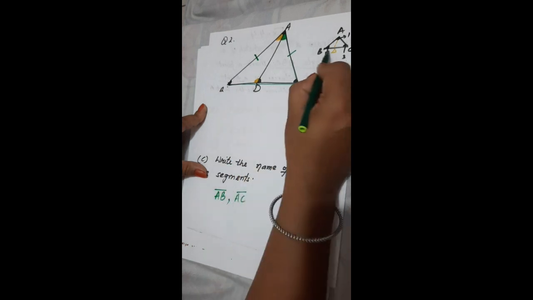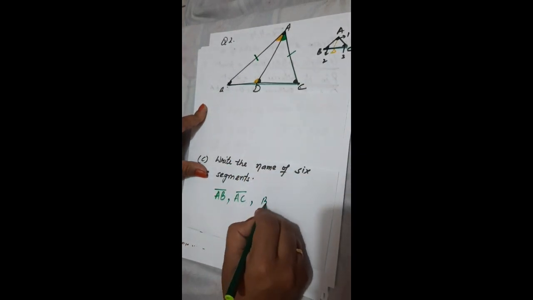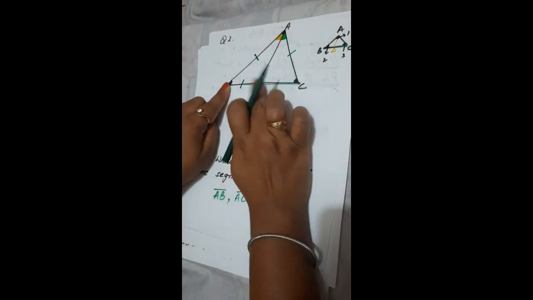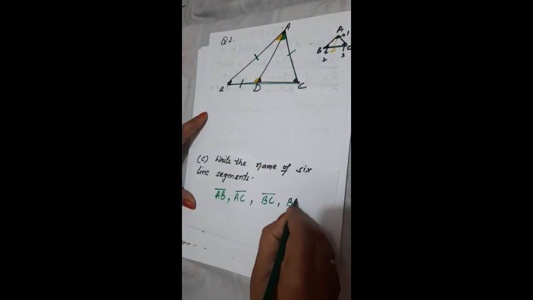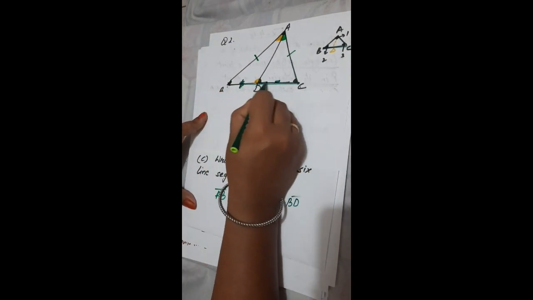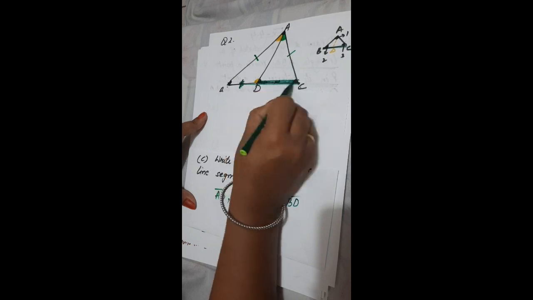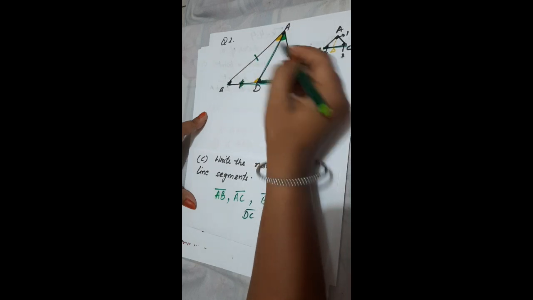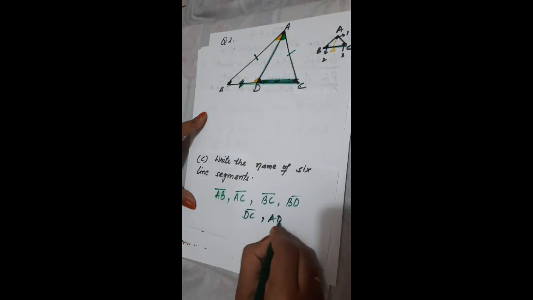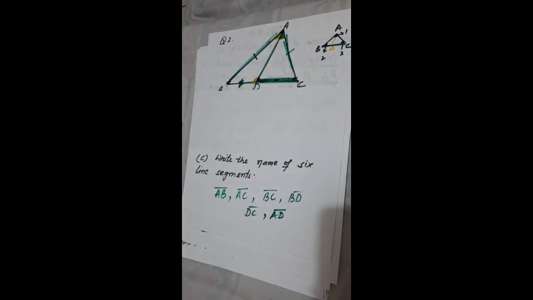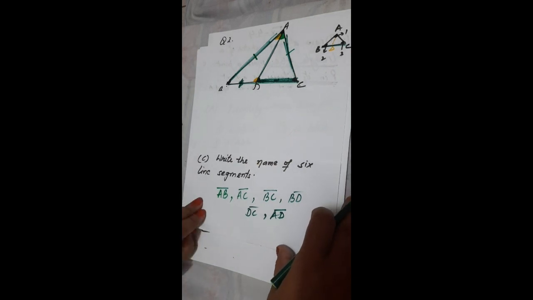Then the complete BC, third. Then only this portion, BD. Then I have this portion, DC. Then I have AD. So then I will get 6 line segments.